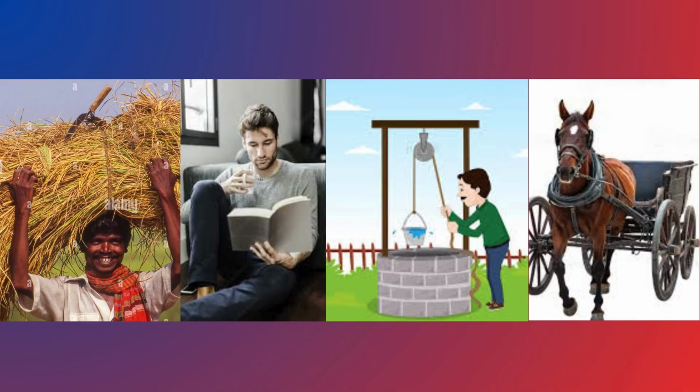In the third case, a man is drawing water from a well. Is he doing work as per science? Yes, he is doing work as per science because he is applying force to remove the bucket from the well, and displacement is produced as the bucket comes out of the well.